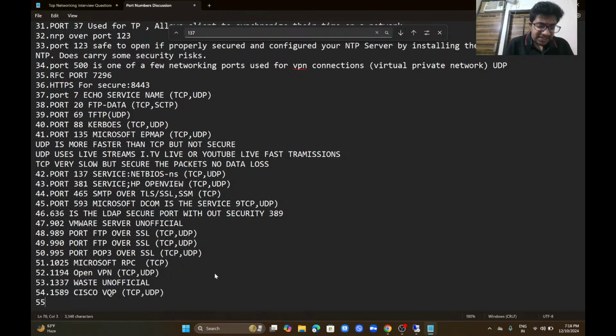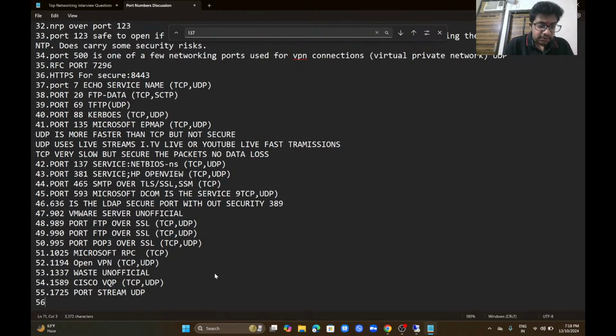And 1725 is the port for streaming, for live stream. We are using the UDP port, already discussed. UDP is faster than TCP.